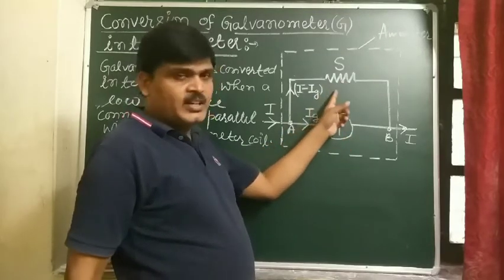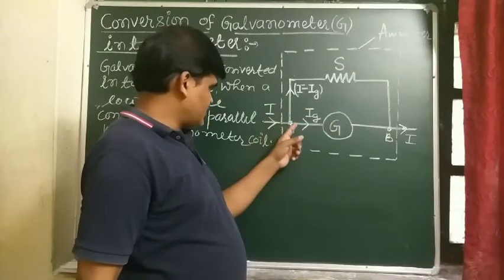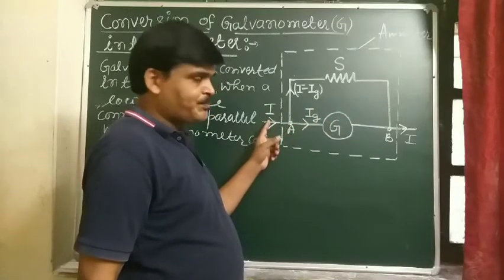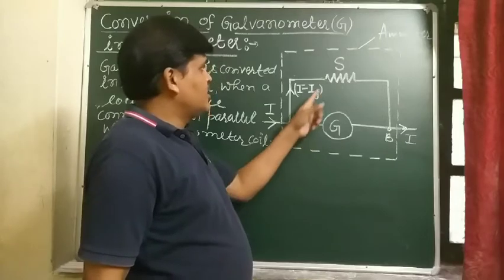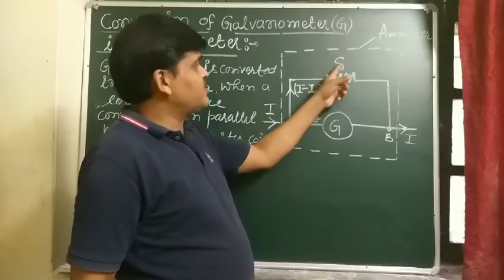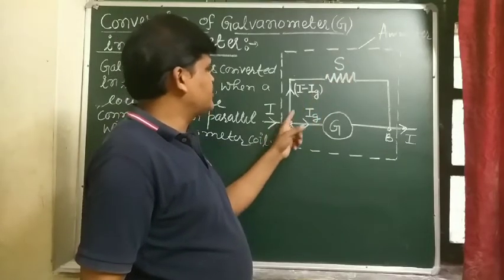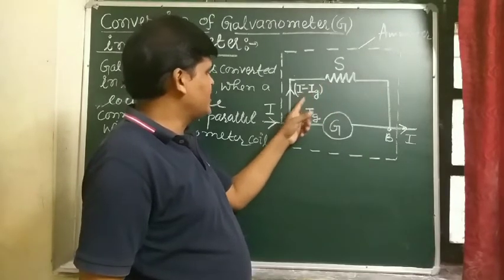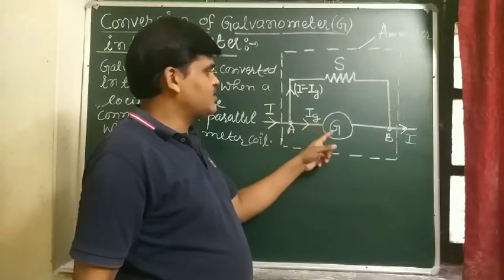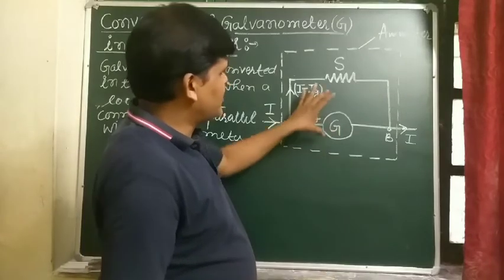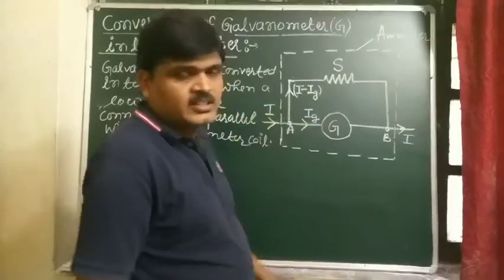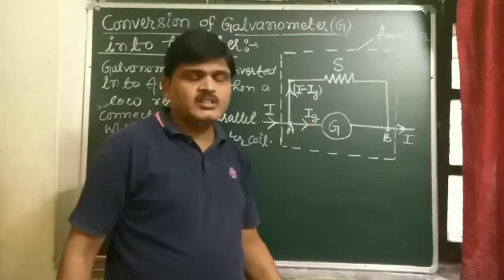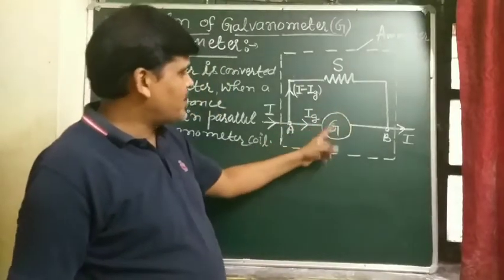So the total current entering the circuit is I. And due to the low resistance of the shunt, most of the current passes through the low resistance wire, that is I minus Ig, and only Ig current passes through the galvanometer. Here the galvanometer and shunt resistance are connected in parallel.